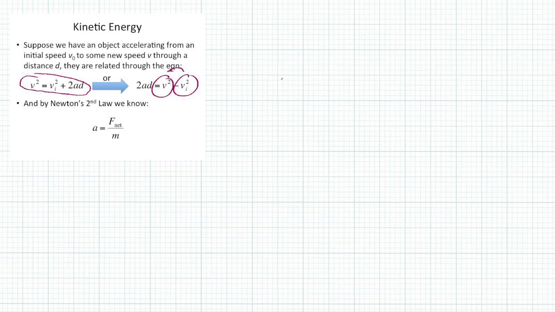Well, if you recall, Newton's second law is F net equals mass times acceleration. And if you recall, up here our equation looks slightly different. And by the way, I'm doing these in a little bit different order. This is our equation where we wrote it as V final squared equals V initial squared plus 2 times acceleration times our delta x displacement.